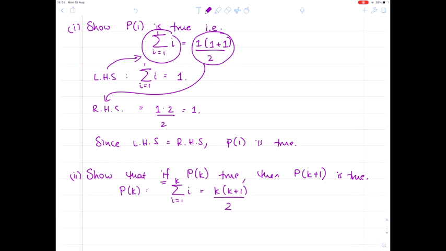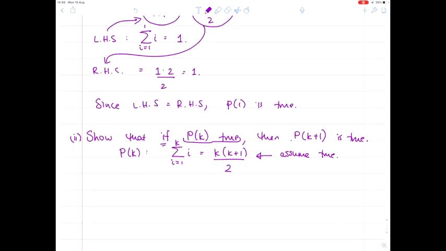And we're assuming that this is true, because we're saying if Pk is true. So we assume that this is true, and now we want to use that information to show that Pk plus 1 is true. So let's just check what Pk plus 1 is.